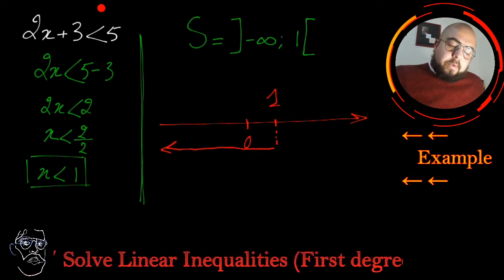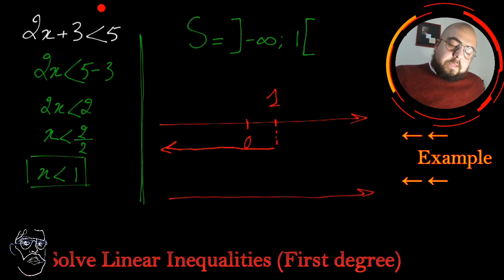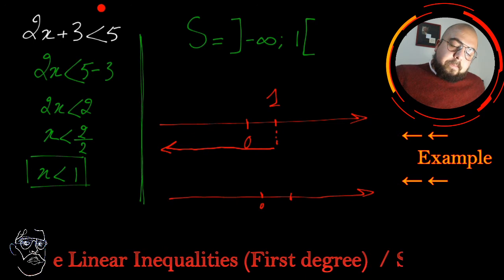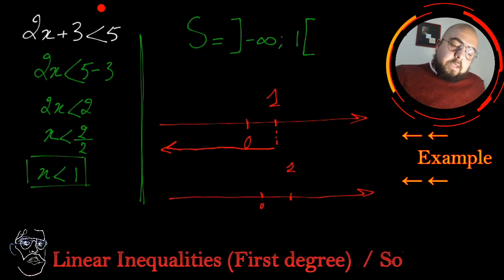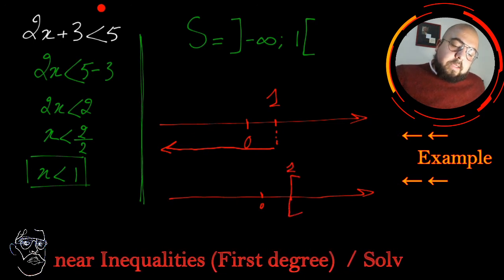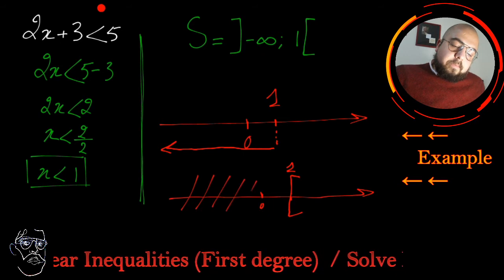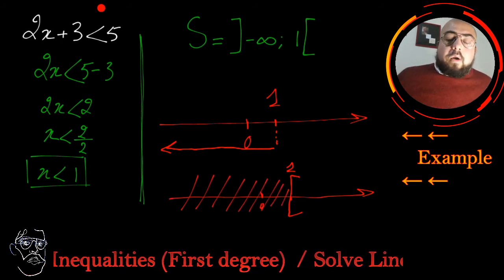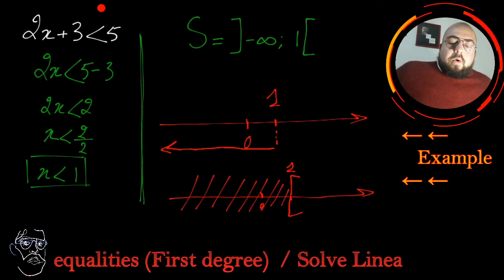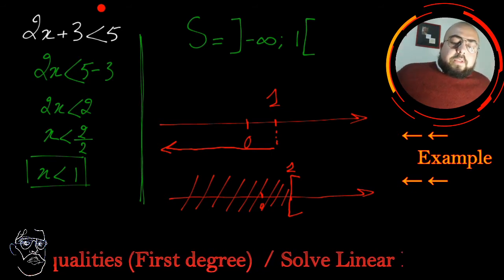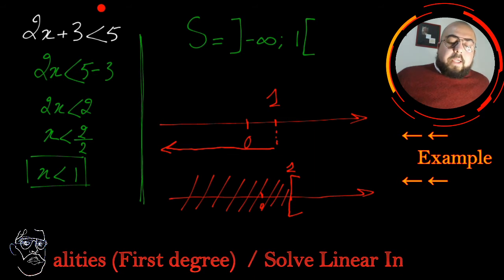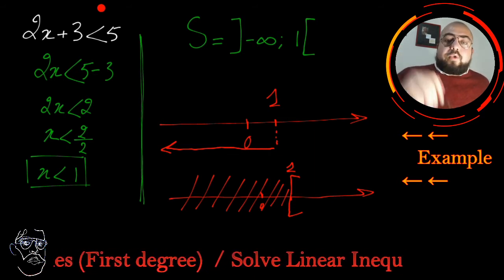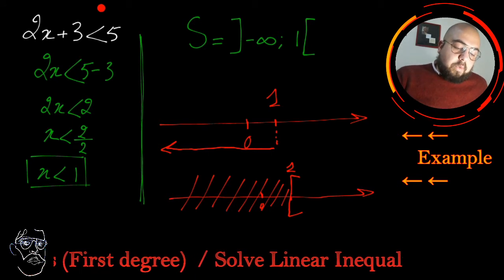There is another representation: this is 0 and this is 1, and you can simply say it will be this shaded part. Both of these representations are fine. So any value between minus infinity and 1 is acceptable in order to solve this inequation.